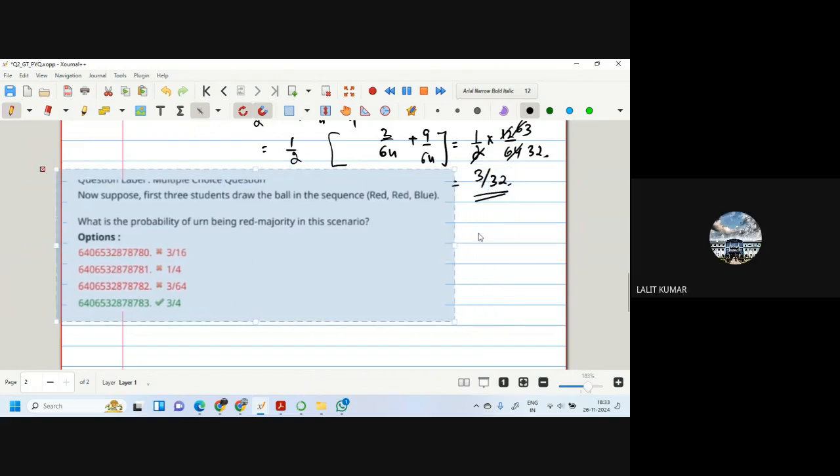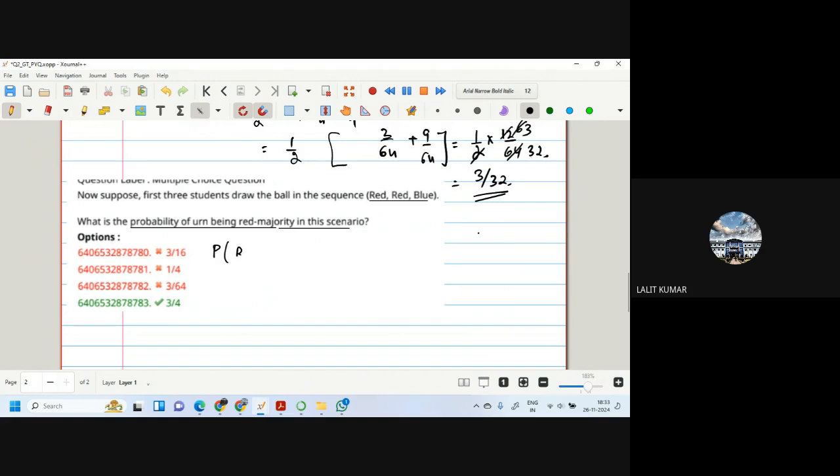Now suppose the first three students draw the balls red, red, blue. What is the probability of the urn being red majority? So this will become the probability of red majority given BBR. This will become the probability of BBR from red majority into the probability of red majority, divided by the probability of BBR.